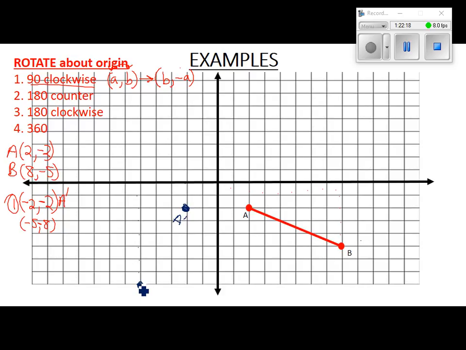So B prime is going to be right there. And our new segment is right there. That looks horrible, but that's where it's going to be. So we rotated that 90 degrees clockwise. We took it this direction, 90 degrees.